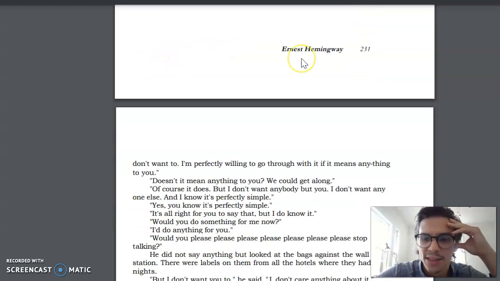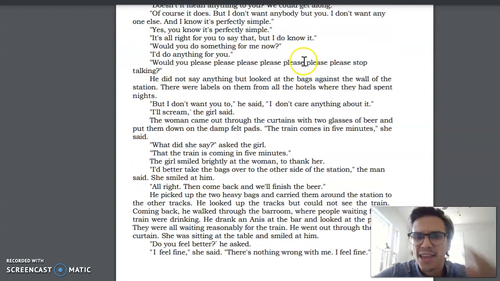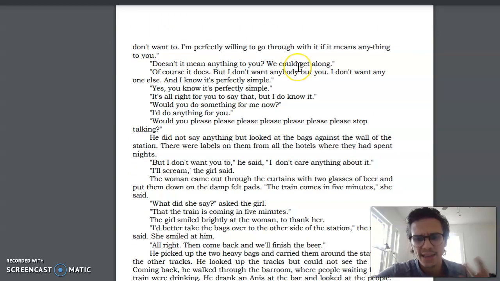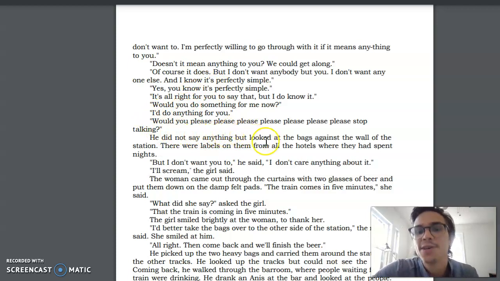They sat down and the girl's looking at the hills again, far away look. And the guy keeps talking. He keeps talking, and she just doesn't want to talk about it anymore. She doesn't want to think about this abortion anymore because obviously she is very conflicted. And eventually he keeps talking enough and she says, would you please, please, please, please, please, please, please stop talking, right?